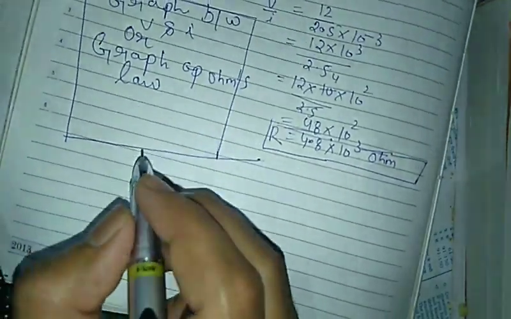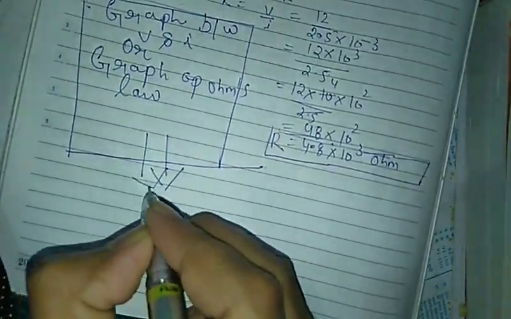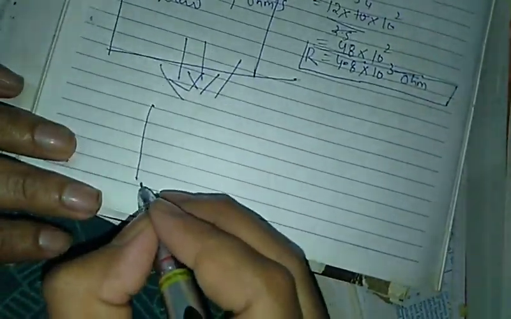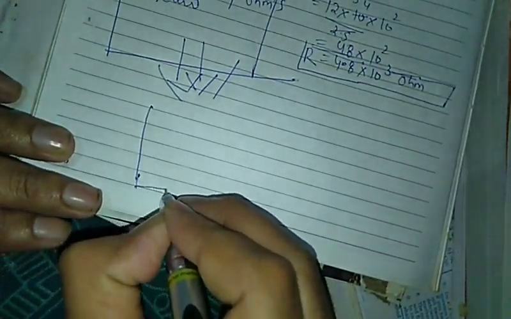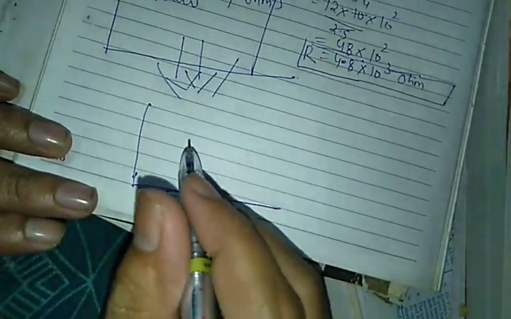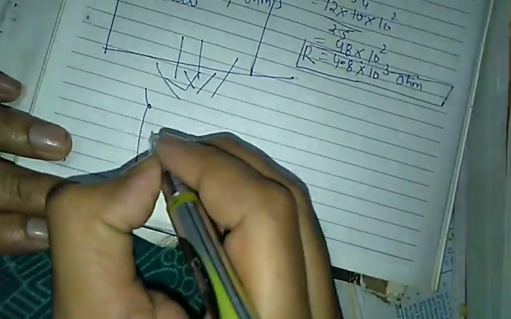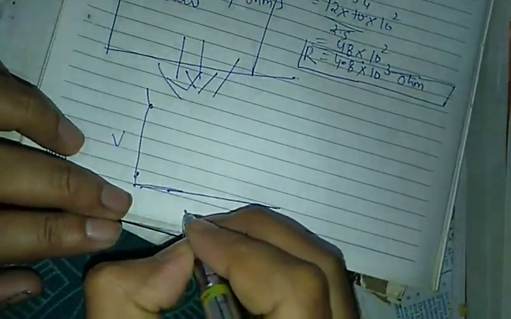What will be the graph, students? Let's discuss the graph. We have to plot the graph between V and I. We consider this one as V and this one as I.